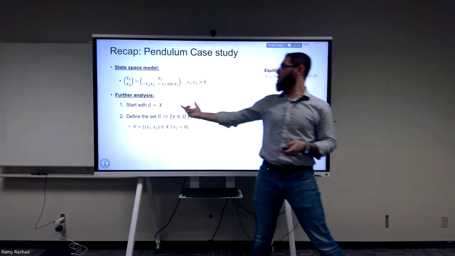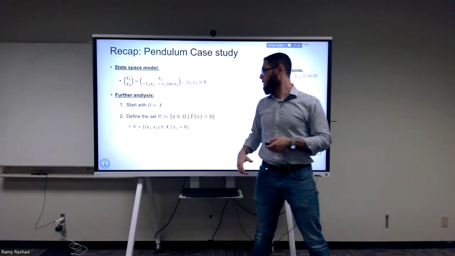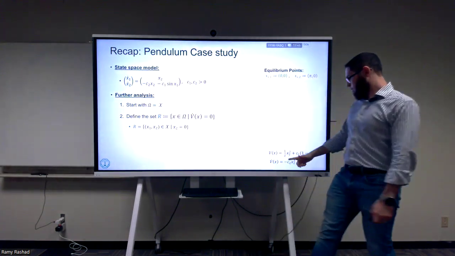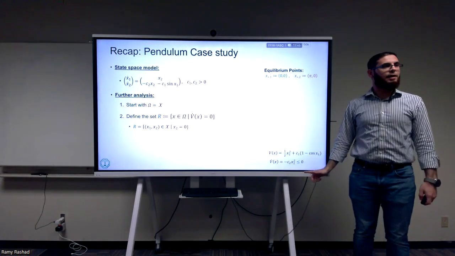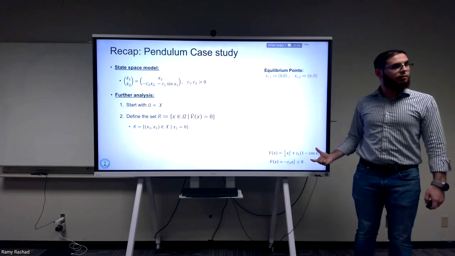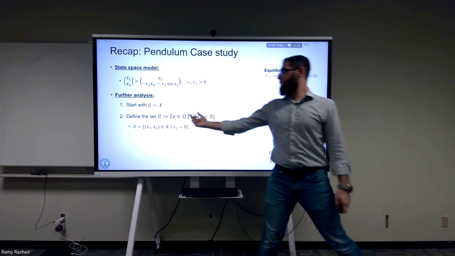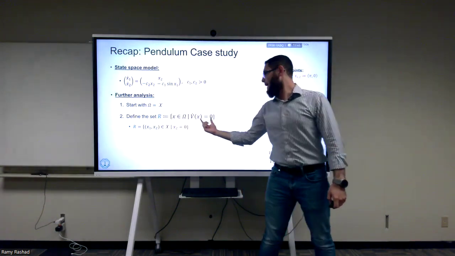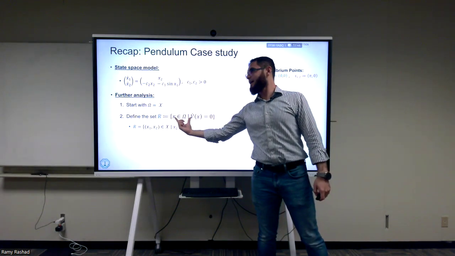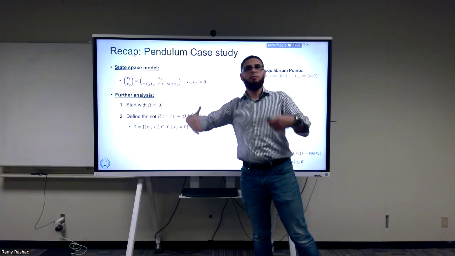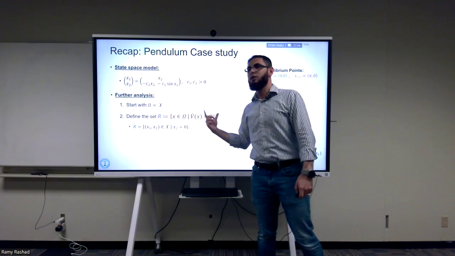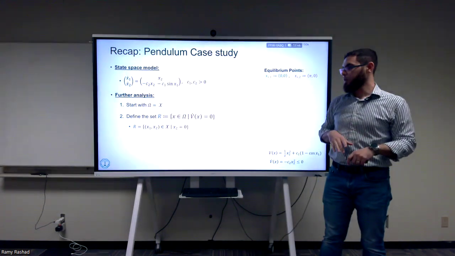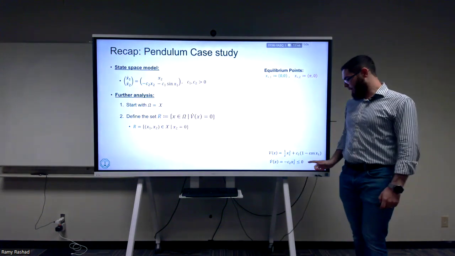So let's start with omega being the whole state space. We know that V dot is equal to this equation. Always keep that in mind. And we know that V is given by this equation. So let's define the set R that has all of the points in the domain omega, which is the same as the state space, that have V dot equal to 0. What is this set?